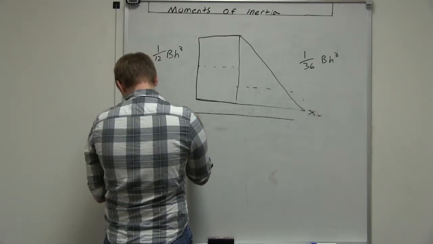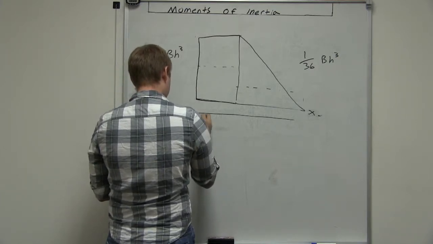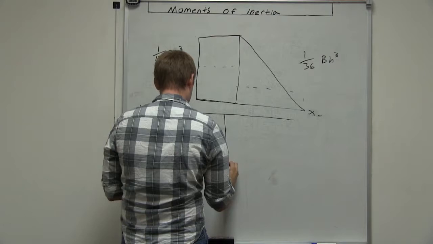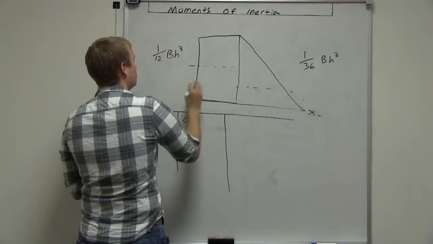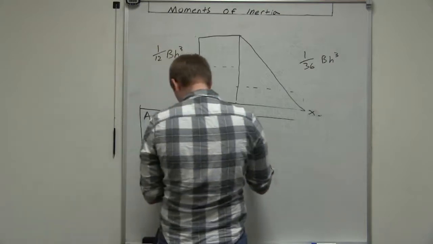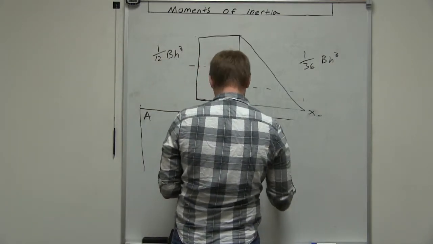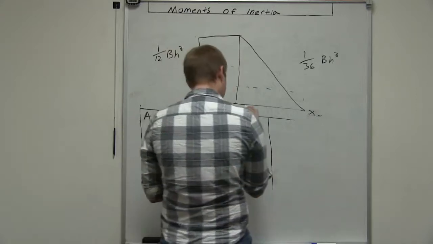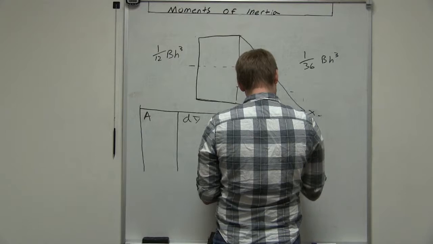We have the distance, I'm going to say y bar, because that is going to be the distance up to the axis. Then we have I naught, so the original moment of inertia about its own centroid. Then we have area times distance squared.